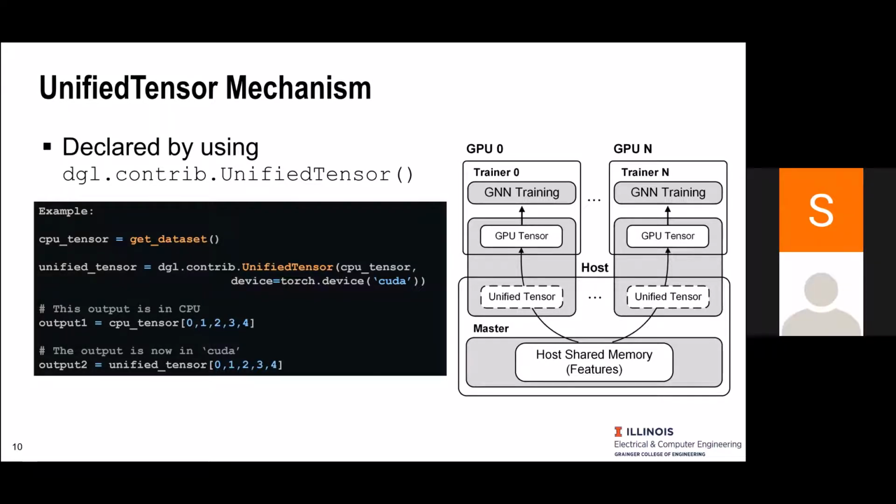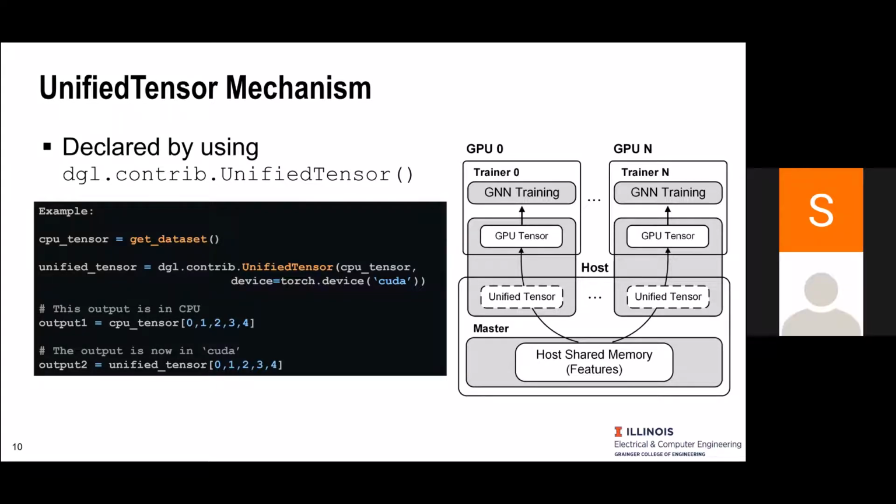But the gathering, or this access, is now being done by the GPU rather than the CPU, and the output will be automatically located on the device that you specified in the unified tensor declaration. Behind the scenes, the GPU is actually going over the PCI link, directly accessing the data stored in the CPU, and putting it into its own memory.